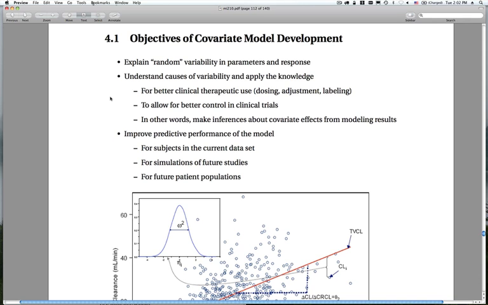Another goal is to improve the predictive performance of the model. So by adding the effects of covariates as part of the fixed effect model, we'll make better predictions for subjects in the current data set, maybe for simulations of future studies, and even for future patient populations.